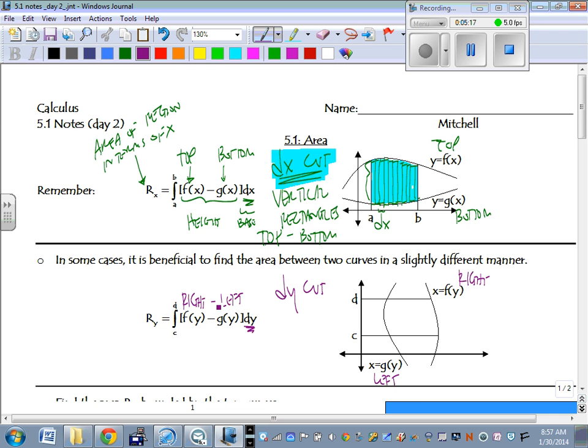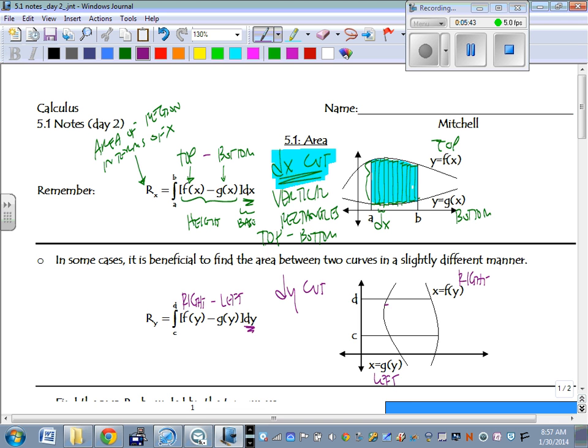So we're doing right minus left, whereas up here we did top minus bottom. But in both cases we're doing the bigger one minus the smaller one. Think of the y-axis, bigger numbers are at the top, right? So we take the top one minus the bottom one. On the x-axis, left and right, the bigger numbers are on the right. So the function that's on the right, that's the bigger one. So we're taking right minus left.